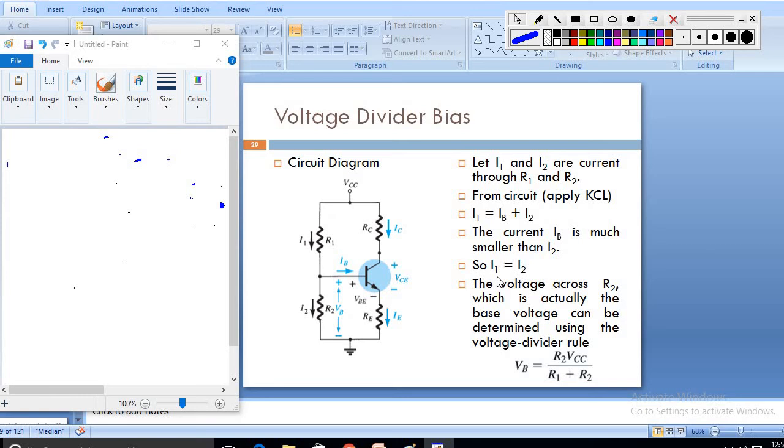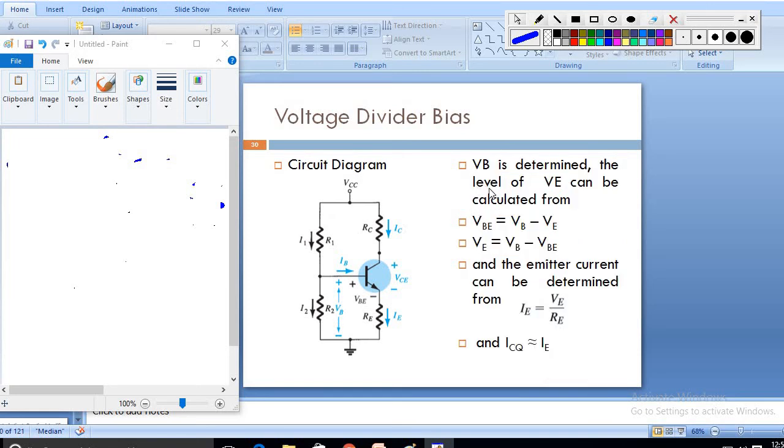I1 is equal to I2. And again, I need to apply the voltage divider rule for VB. So VB is equal to resistor R2 into supply voltage VCC divided by the sum of these two resistors R1 and R2.